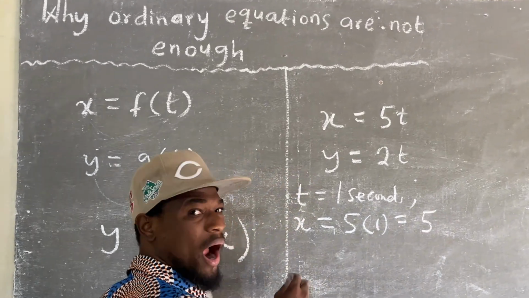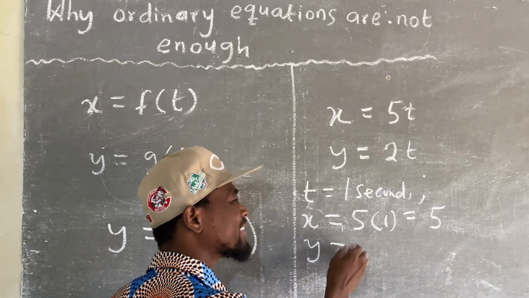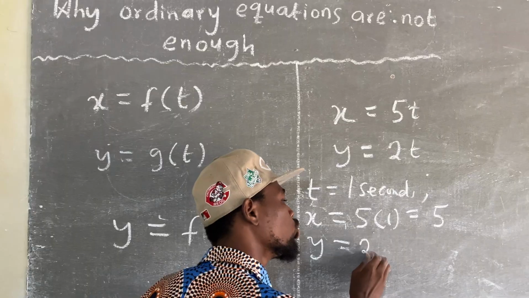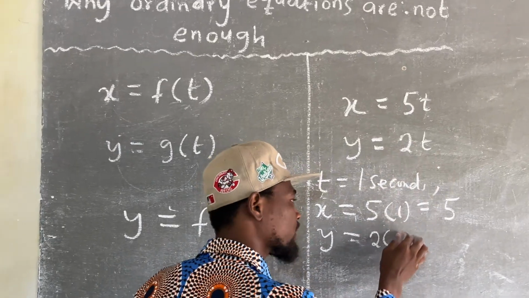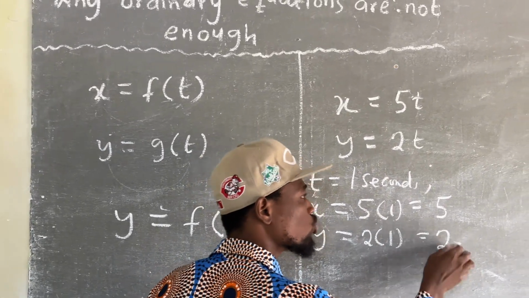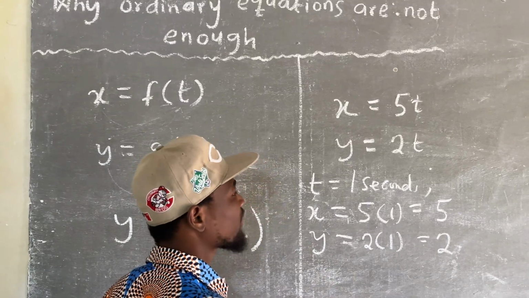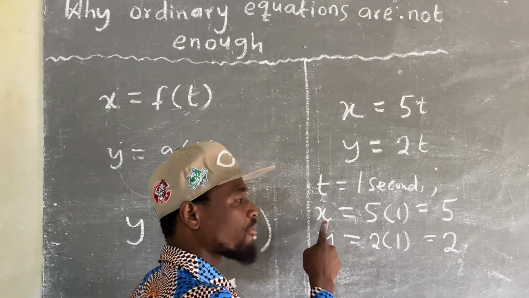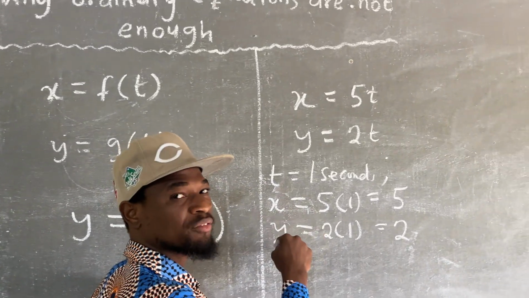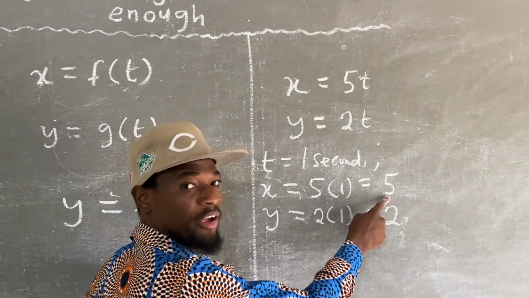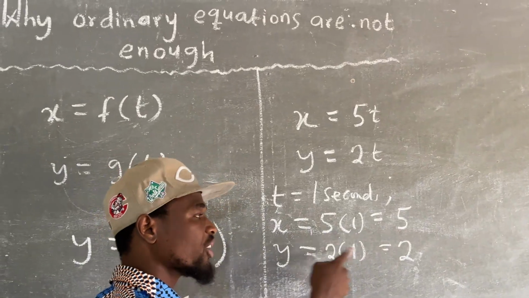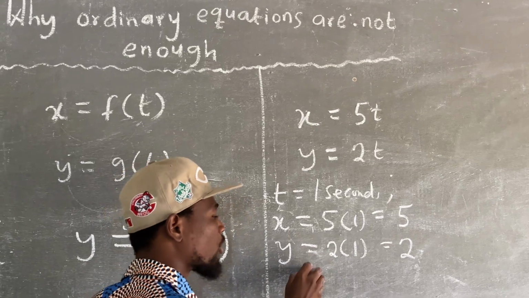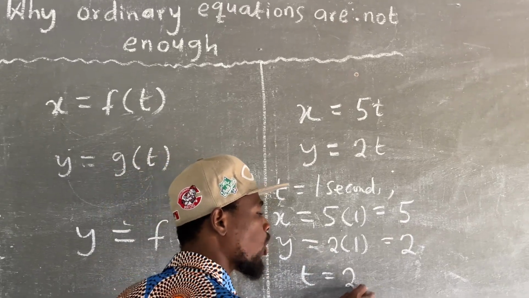Now what about y? When t equals 1, y is 2 times t, which is 1, which is equal to 2. So at time t equal to 1, the position x is 5 and the position y is 2.